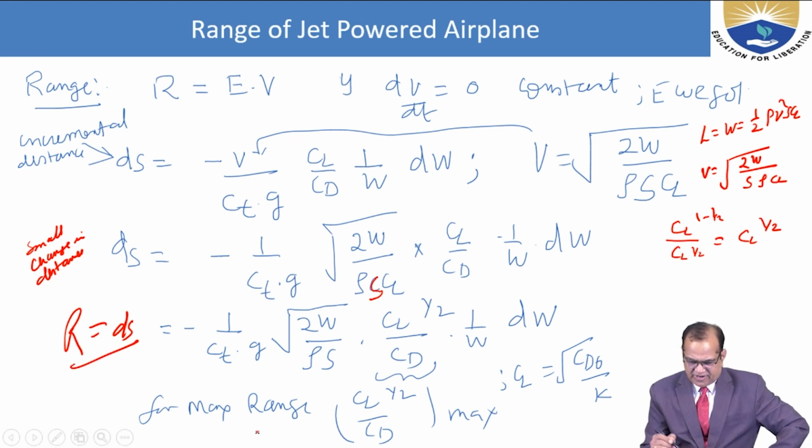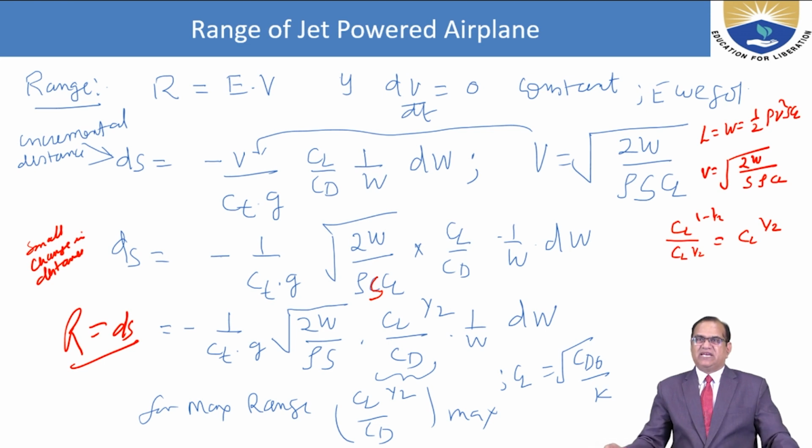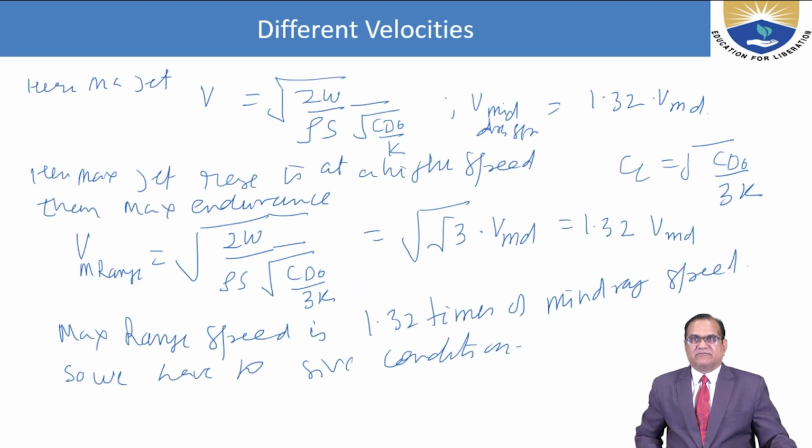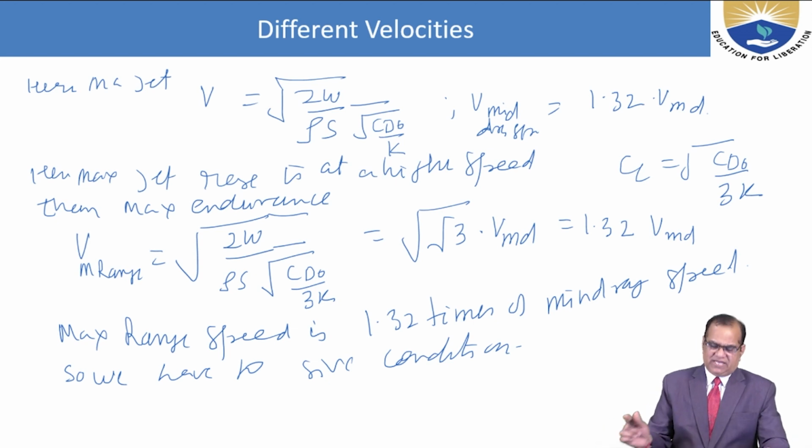For maximum range, Cl to the power 1 by 2 by Cd should be maximum. This is the condition for the maximum range. Here we have to understand different velocities.